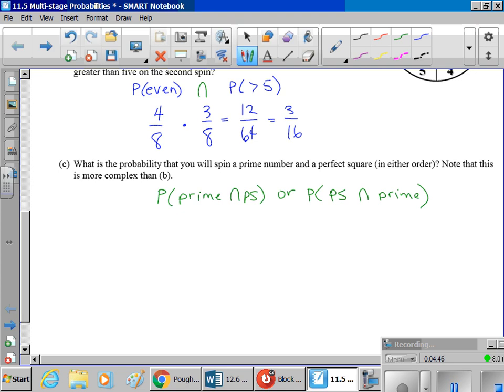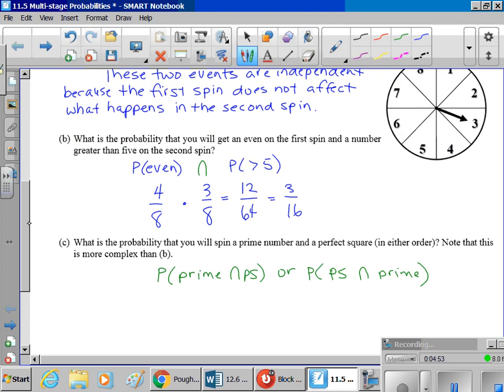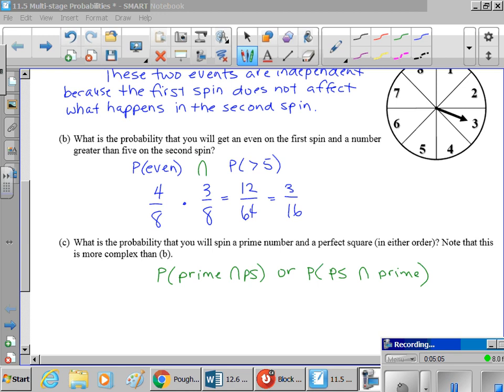So a prime and a perfect square. Let's see. A prime would be, go back up a little bit so I can see this. A prime would be, I'm confused. Hold on one second. Oh, okay. I know. I'm looking at my notes and not making sense of this. So how many of these are perfect squares and primes?